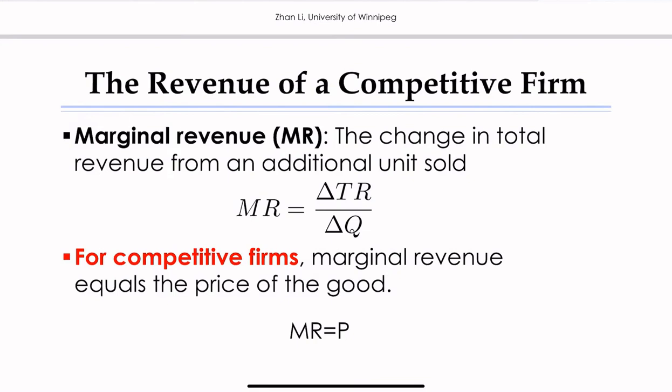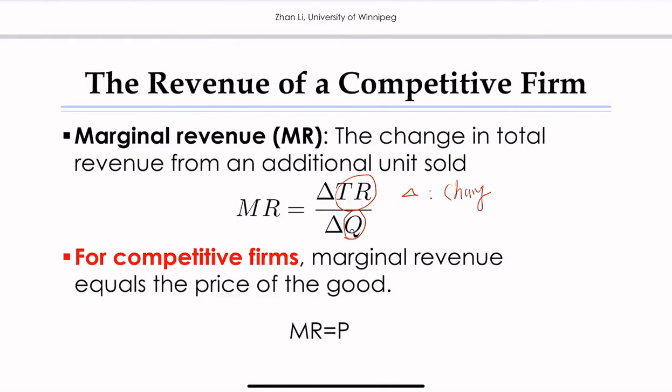So in terms of economics, marginal revenue means the increase in total revenue from one additional output. In terms of mathematics, it basically means you could use the change in total revenue divided by the change in quantity. Again, this delta means change, right? So that's how you define marginal revenue.